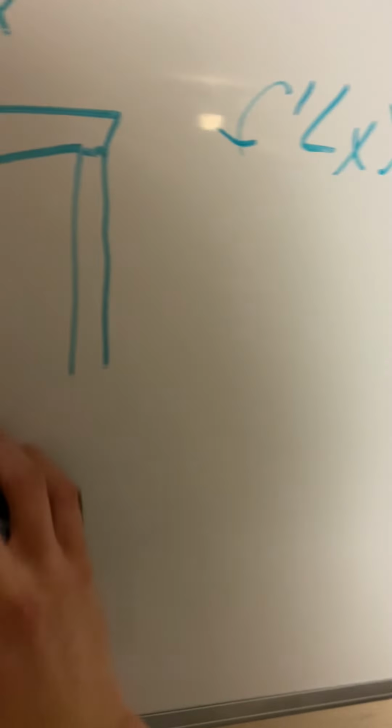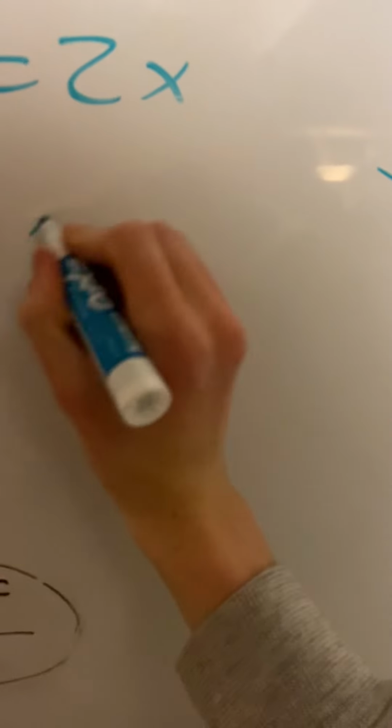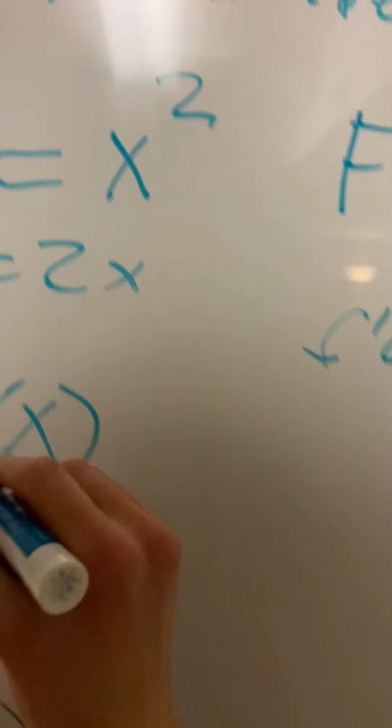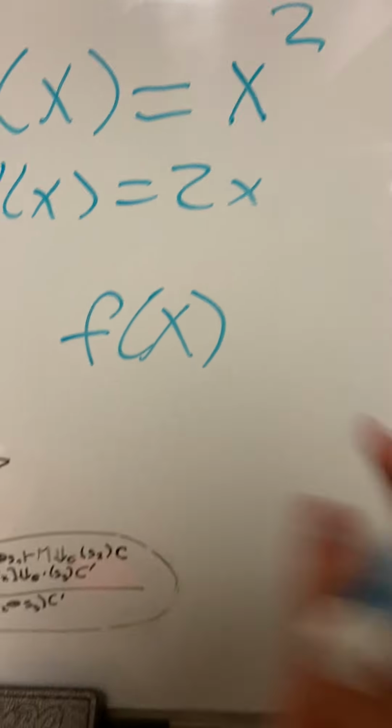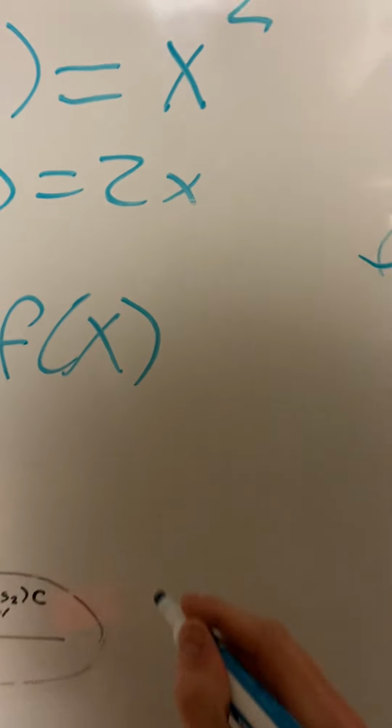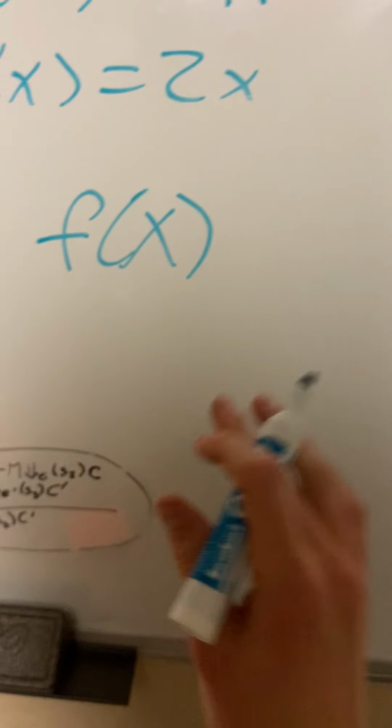So if we were to write this more generally, we would say that we have some function f, or f of x, which could be x squared, or 2x, could be whatever. We want to find the area under the curve.